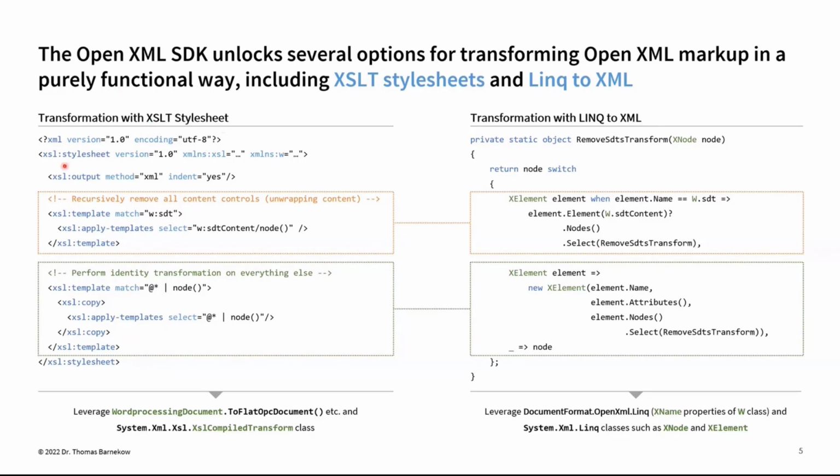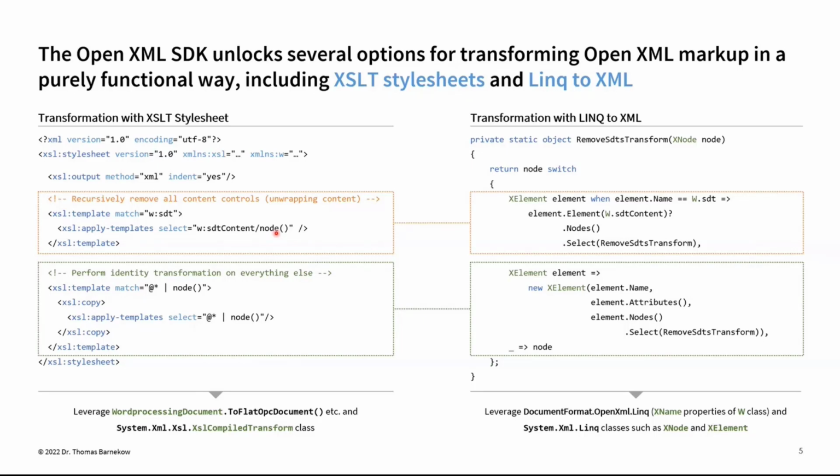In such transformations, which are expressed in XML themselves, you define templates. For example, one at the top here, matching w:sdt elements, and then applying a certain template to process that. In this case, throwing away the SDT and the SDT content and only looking at the node, but applying basically the same templates again on the node.